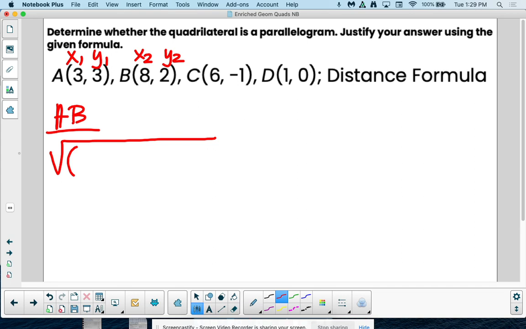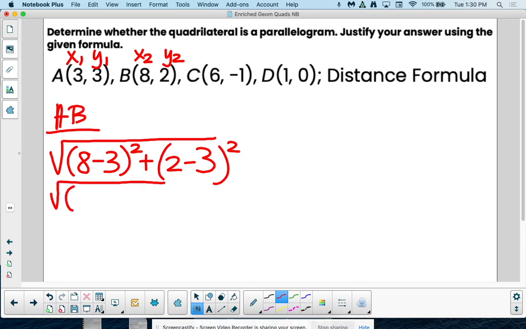So we're going to take your x2, so 8, minus your x1, which is 3, squared, plus your y2, 2, minus your y1, which is 3, squared. That's the hardest part. Now you just simplify. Just plugging in right is the hardest part.